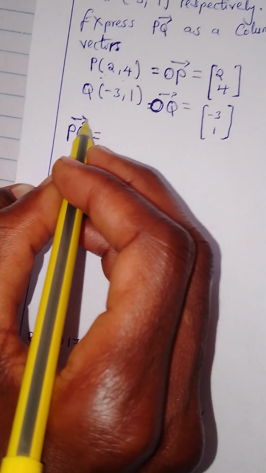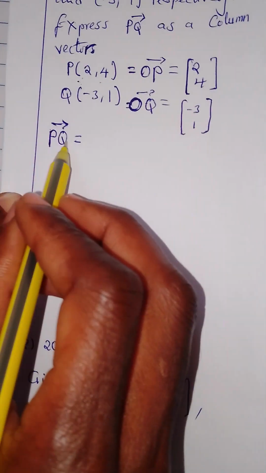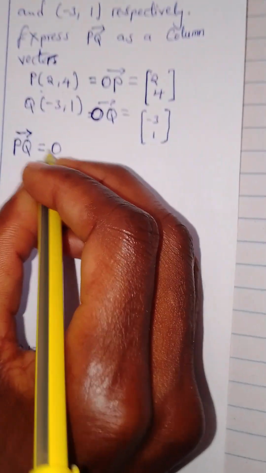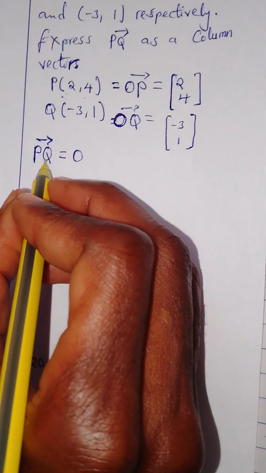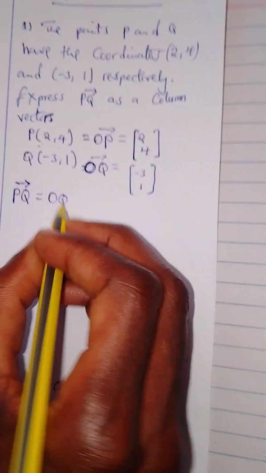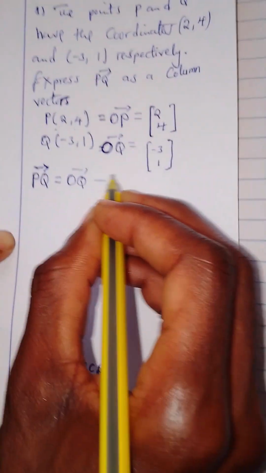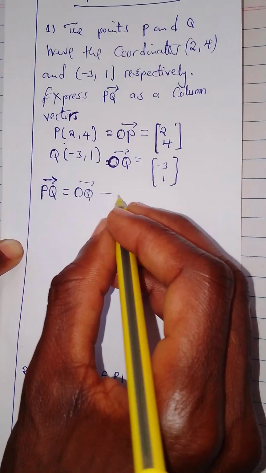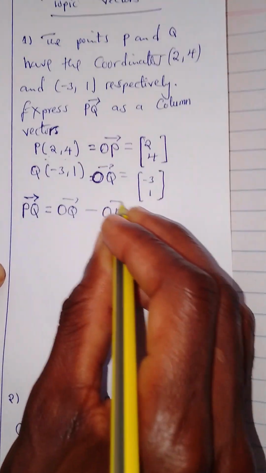It is starting from P, and it is going to Q. So it is where we are going, point Q, which is the same as OQ, take away where we are coming from. Where is this arrow coming from? It's coming from P, which is the same as vector OP.